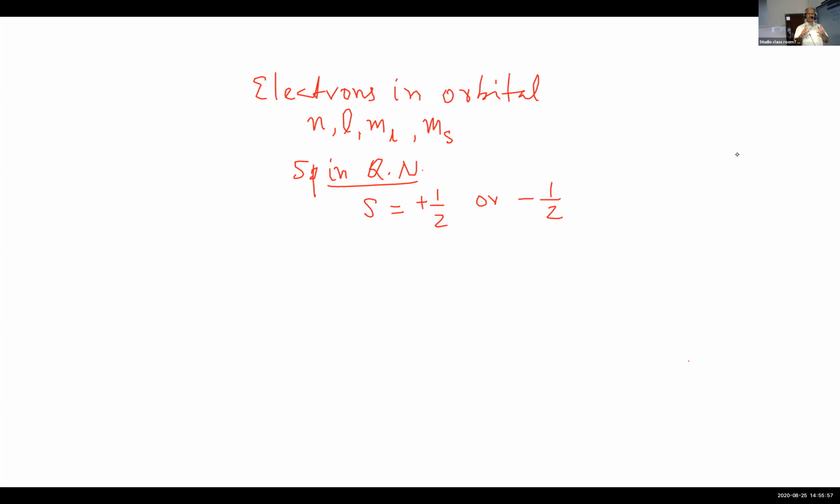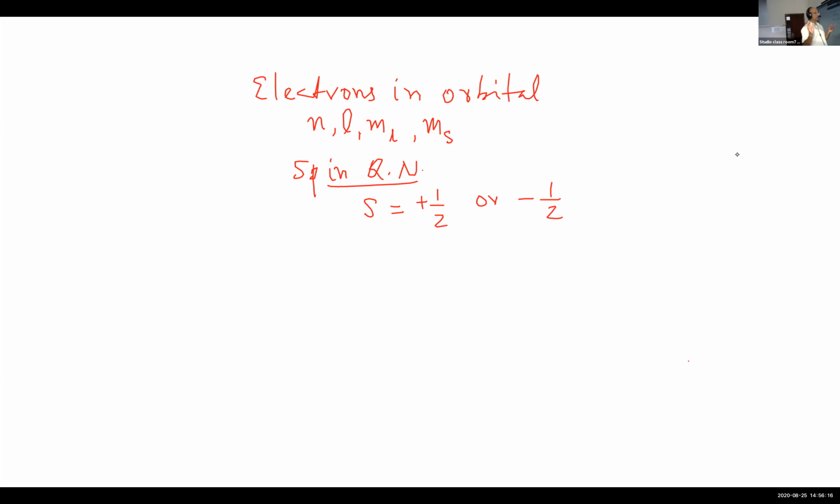If there are two electrons in an orbital, then the spin quantum numbers will be plus half and minus half.